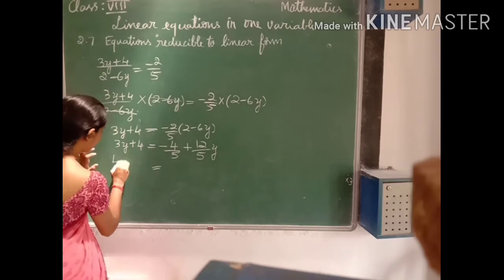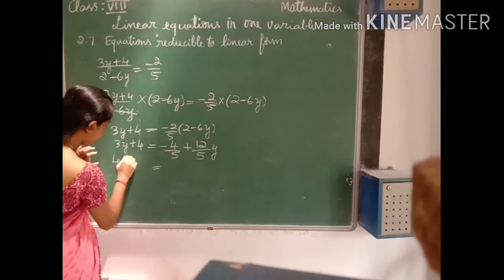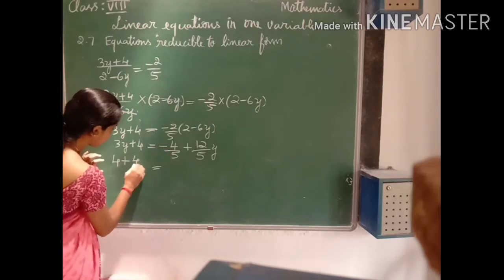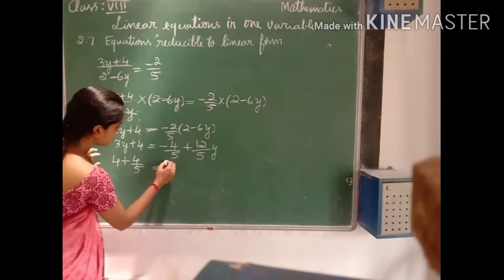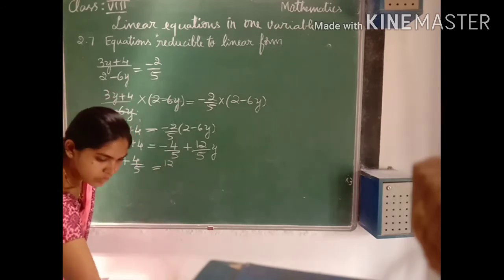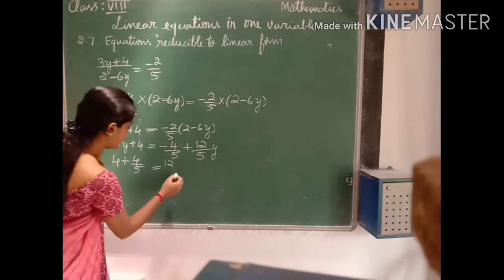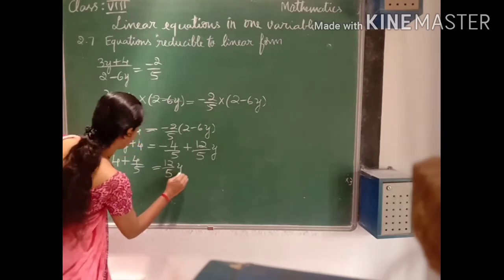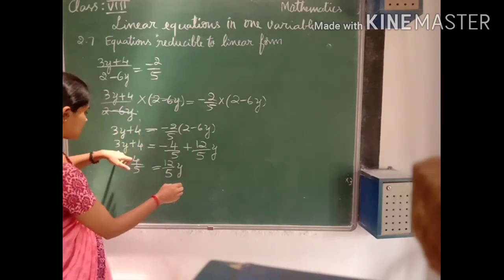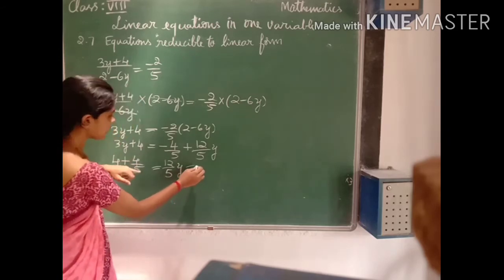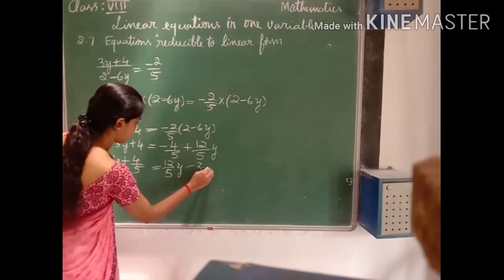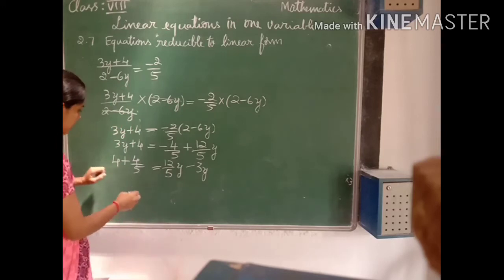So 4 minus 4 by 5 will become 4 plus 4 by 5 is equal to 12 by 5y. Then this side 3y is there. It will become minus 3y. After that, what is the LCM here?